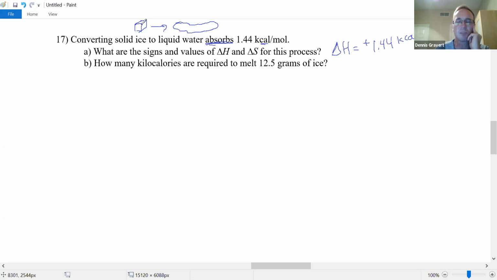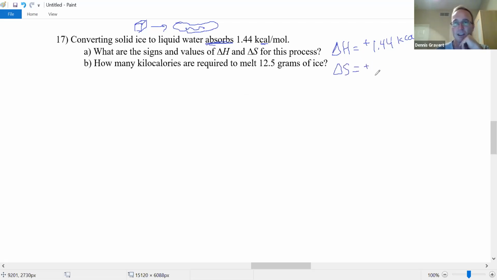It's going to vibrate in place, but it's attached to the solid. But in liquid, if there's a water molecule here, come back later, it may have diffused to a different part. It's going to be anywhere. It's more random. So what happens to the sign of delta S as it becomes more random? It becomes more positive. It increases.